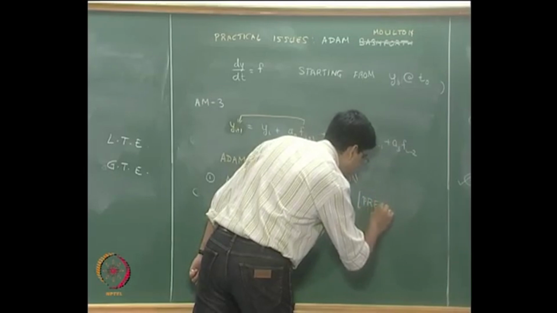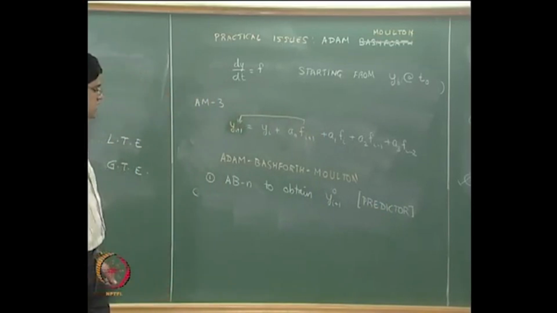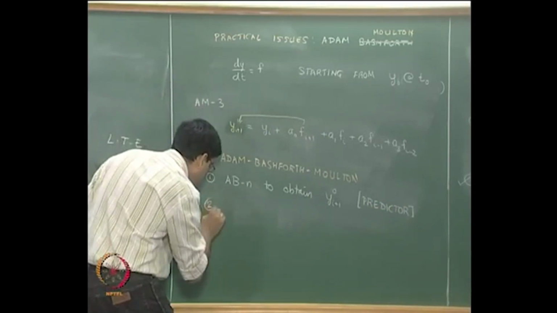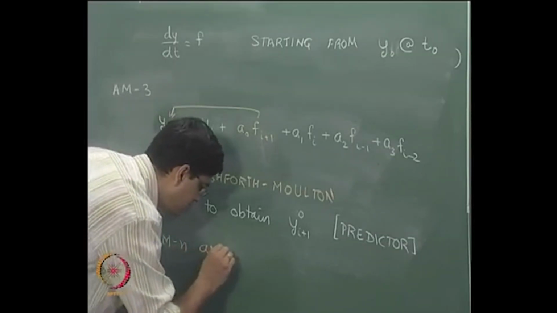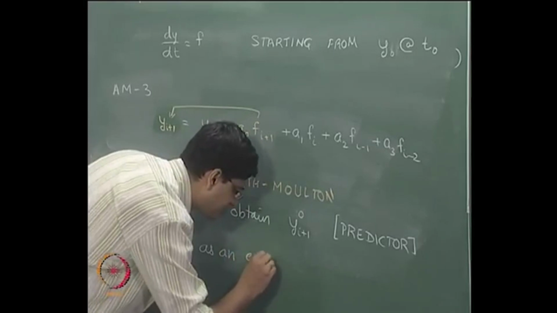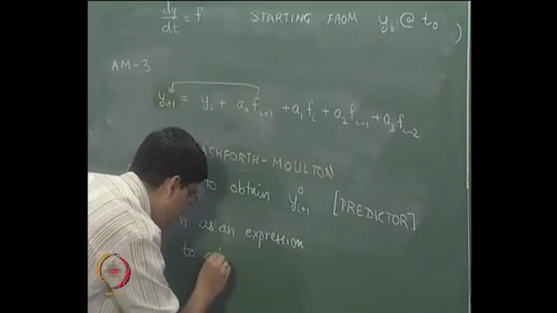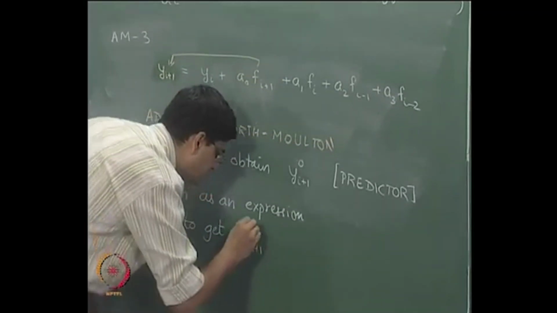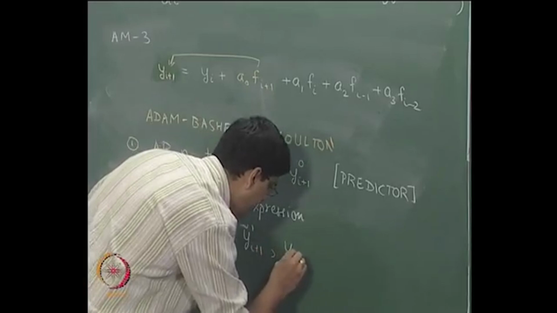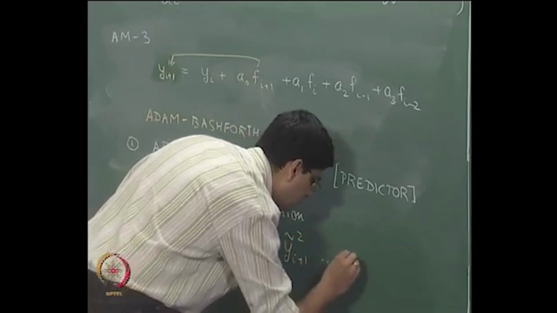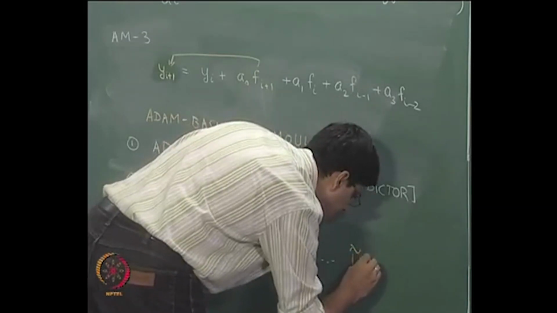So the Adams-Bashforth method is used as a predictor, and next you use AM4 as an expression to get y i plus 1 superscript 1, y i plus 1 superscript 2, and so on up to y i plus 1 superscript m.